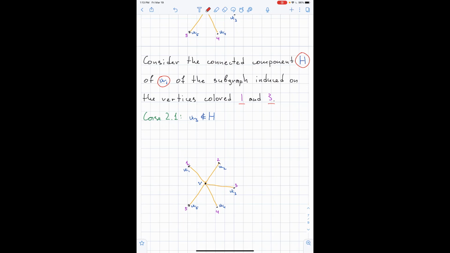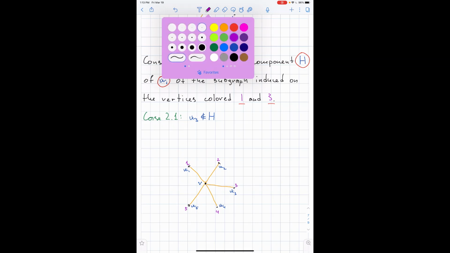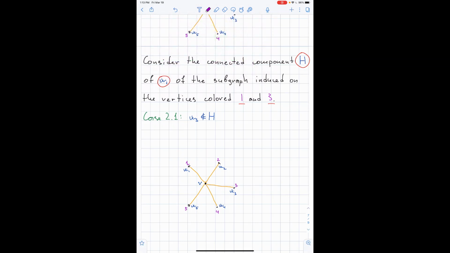We only leave the vertices that are colored in 1 and 3, and then we consider the part of the remaining graph that contains W1. W1 is colored in 1, so it is in this subgraph. Basically, we just look at all the vertices of color 1 and 3 that are attached to W1 through other vertices of color 1 and 3.